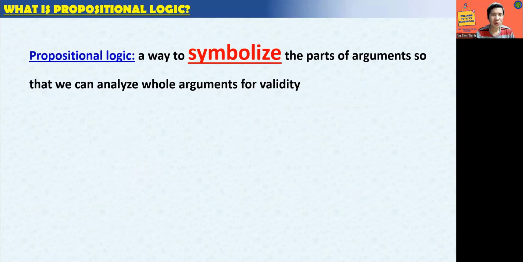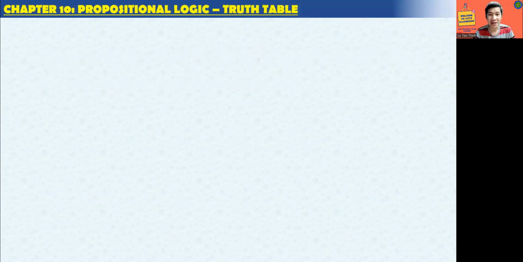Now, what does propositional logic mean? This is a way to symbolize the parts of the argument so that we can analyze the whole arguments for validity. Then you can think about what we say, the symbolic forms, right? We are going to symbolize the parts of the argument.